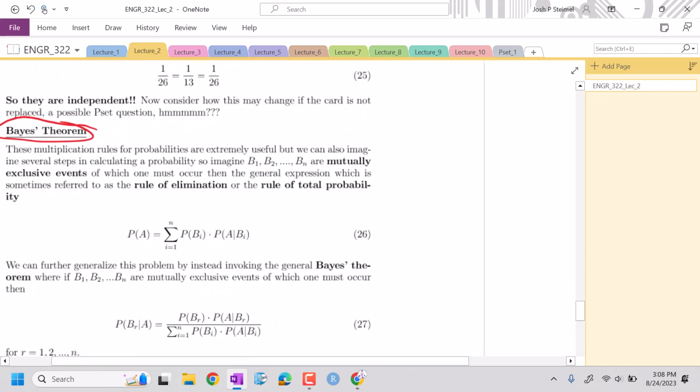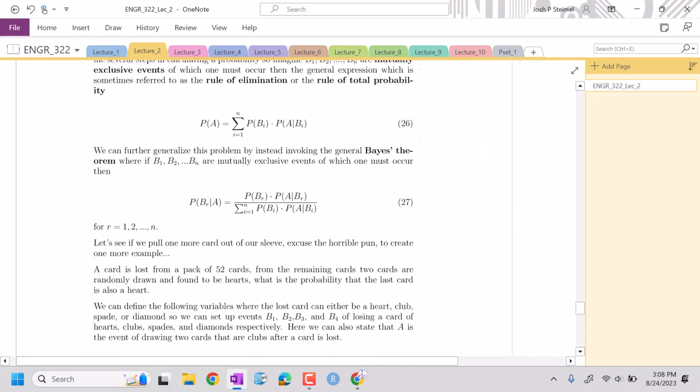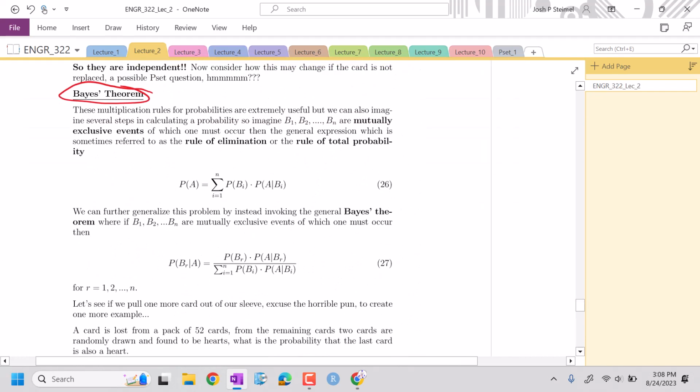So again, if we have multiple mutually exclusive events occurring, oftentimes it can get messy looking at those probabilities. So we may often invoke the rule of elimination or rule of total probability, and write a total probability considering these mutually exclusive events occurring, like so.